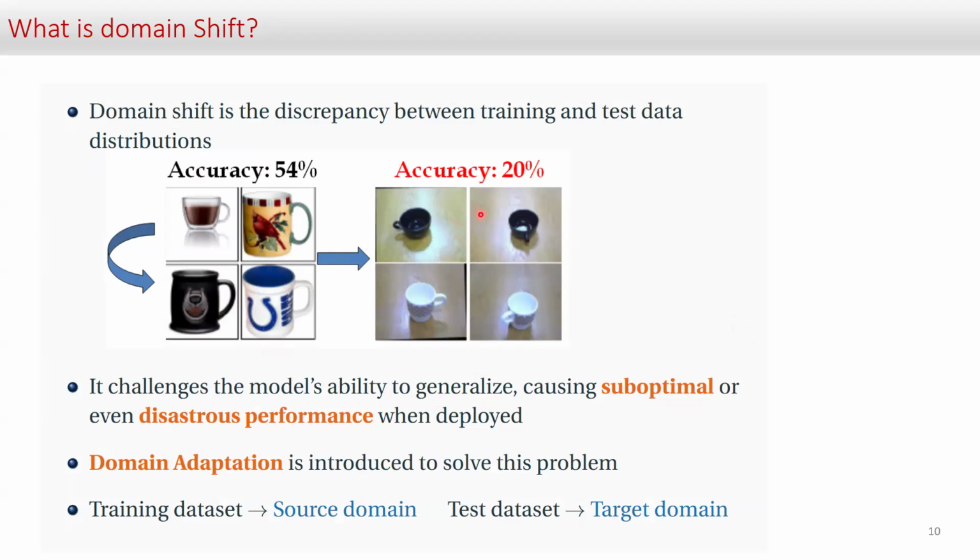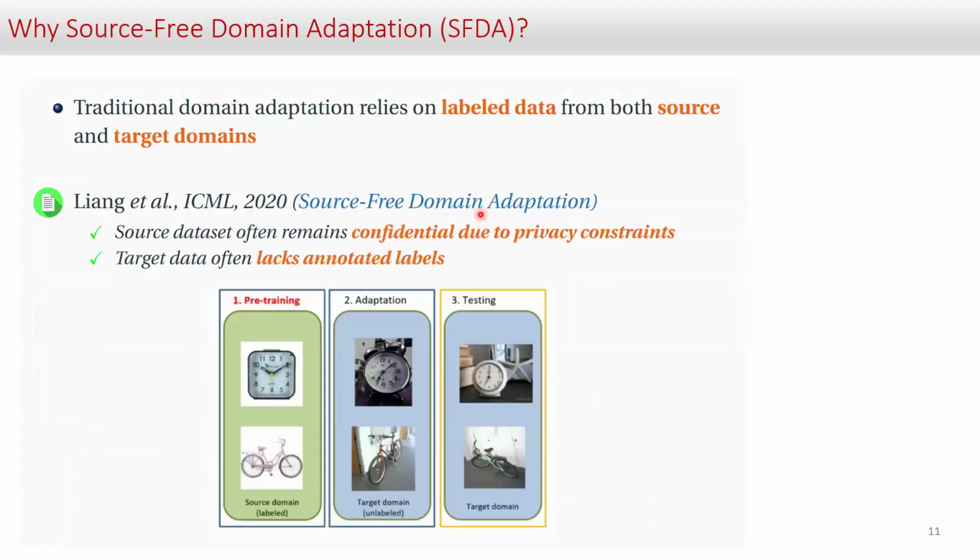To solve this problem, different domain adaptation techniques were introduced. So let's look at them. In a typical domain adaptation technique, the source has labeled data, and then the target owner adapts the model to a new target dataset and finally tests it on the new target dataset.